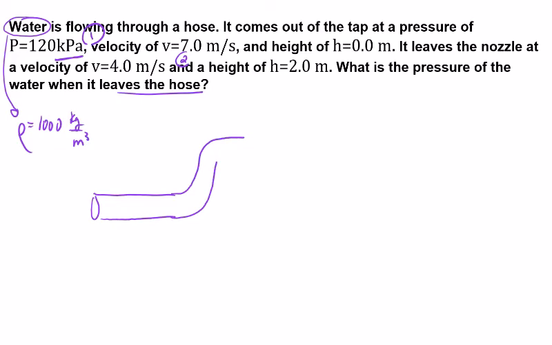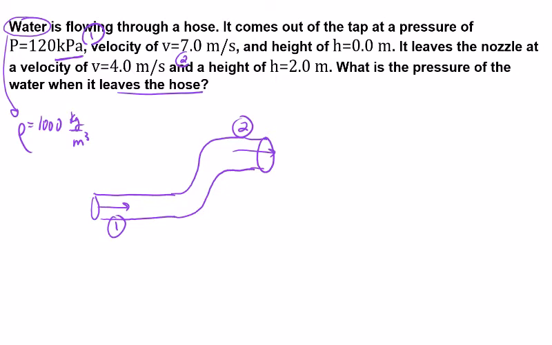Even though they don't give me any numbers for this, it must be getting wider, because I know from the equation of continuity that a wider section is going to have slower flow. So this is number 2 in our situation, and this is number 1. Doesn't actually matter which way we do it. If I flipped them, this problem will still work.